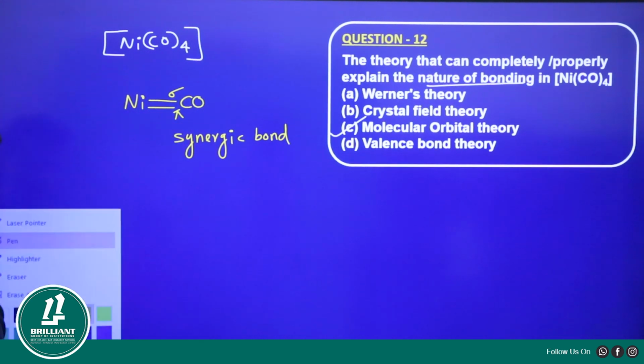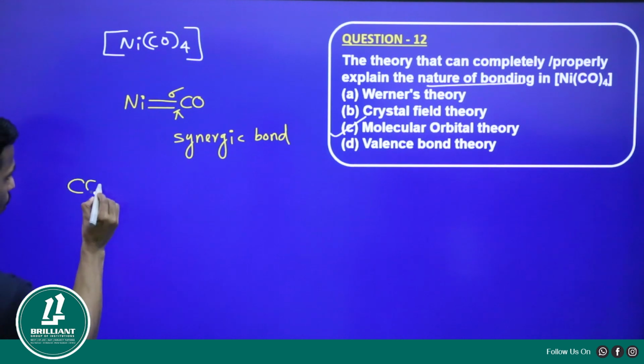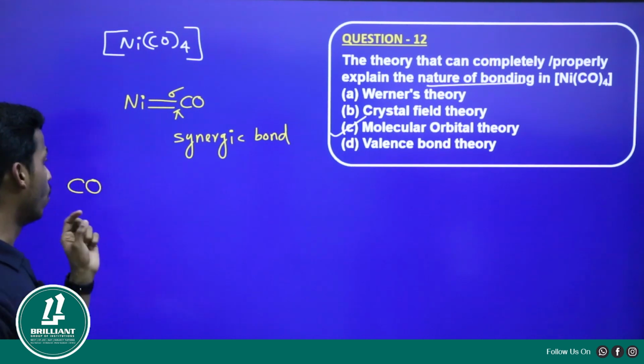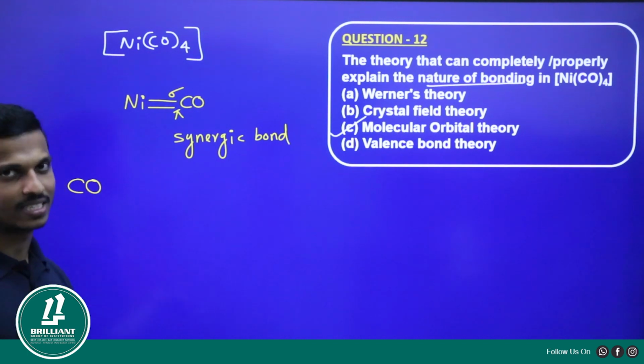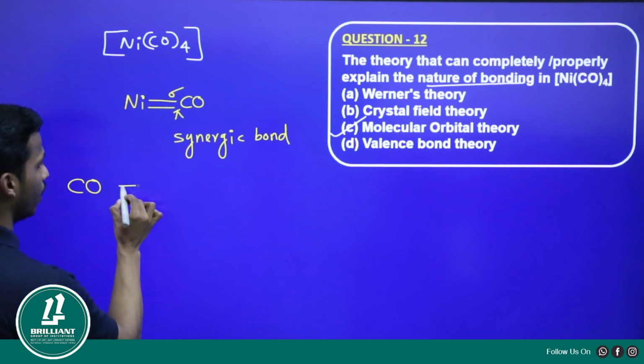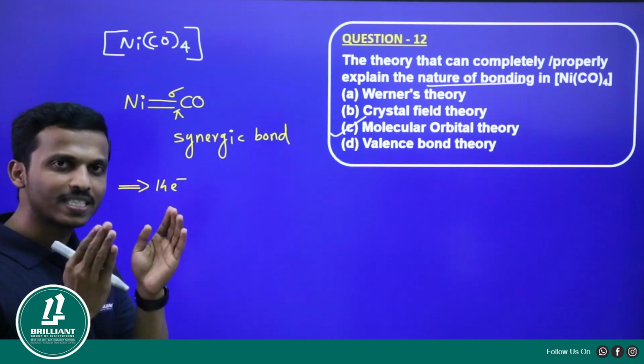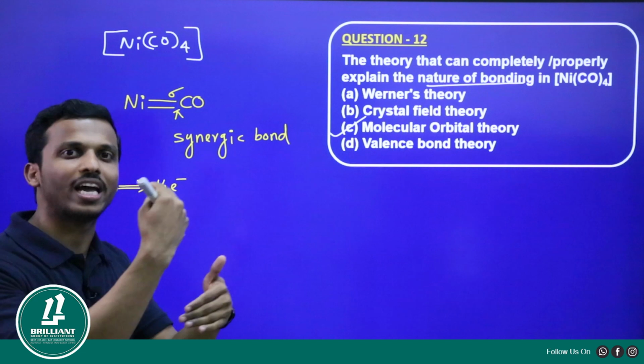Let's see. In the carbonyl ligand, CO, how many electrons are present? 1 carbon has 6 electrons, 1 oxygen has 8 electrons, 8 plus 6 equals 14 electrons, right? We studied in molecular orbital theory systems containing up to 14 electrons and more than 14.